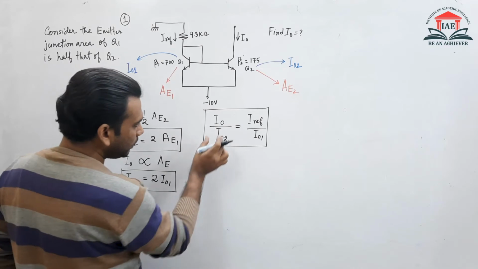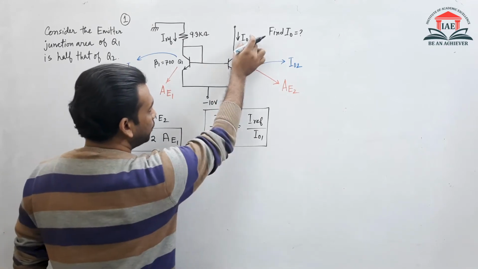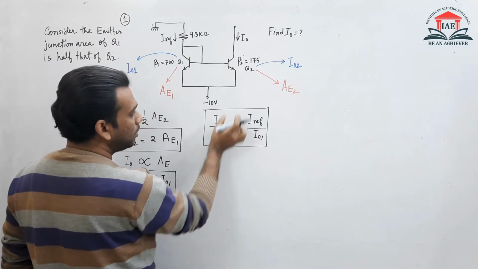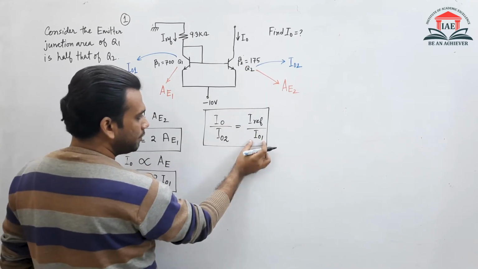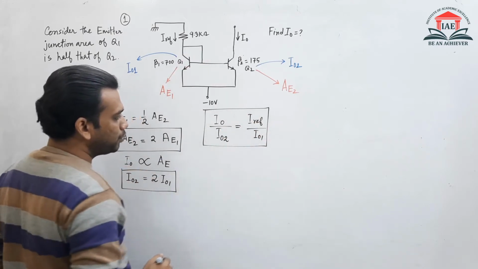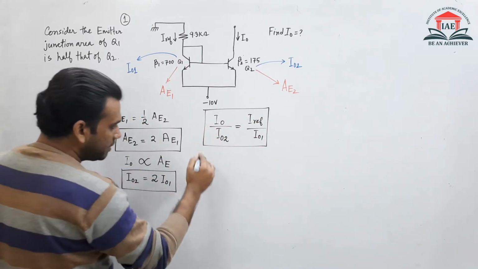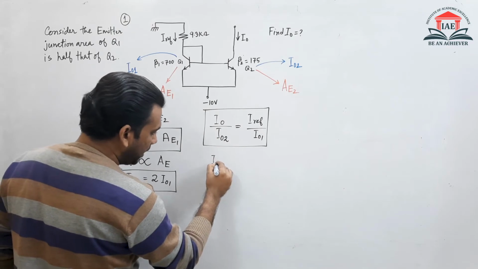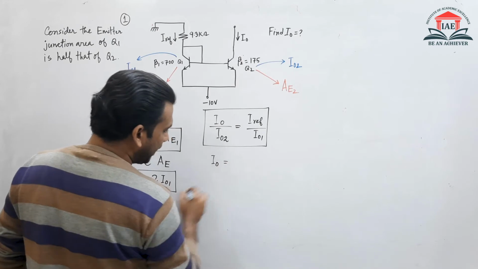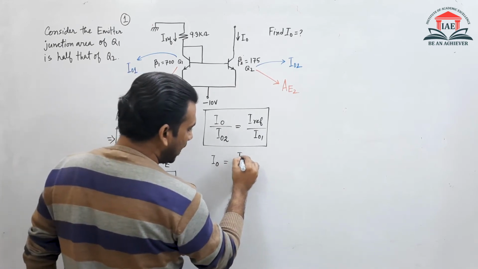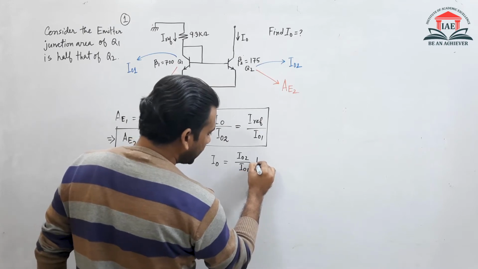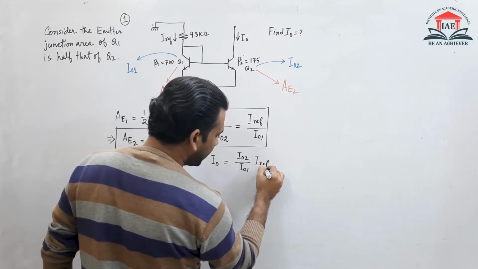Now, what is I0? I0 is the output current. I02 is the reverse saturation current of Q2. I01 is the reverse saturation current of Q1, and I reference is the input current. So from this equation we can find the value of the output current I0. The output current can be written as I02 divided by I01 into the reference current.